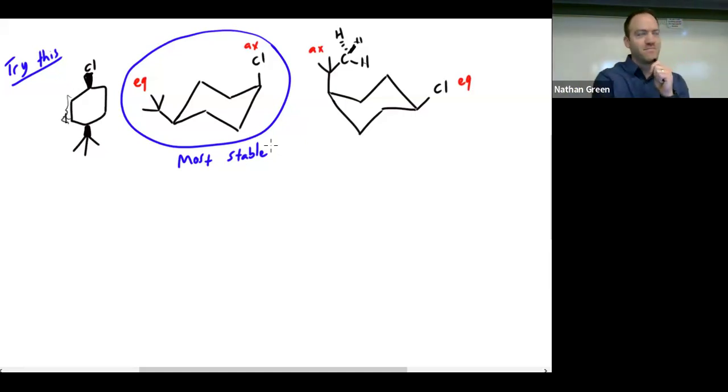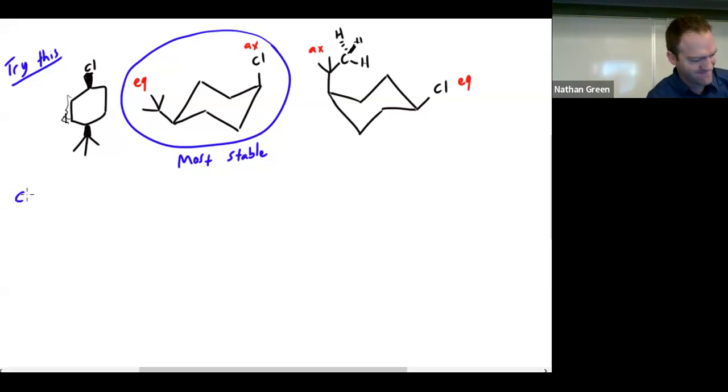People name this cis-1-fluoro-4-butyl cyclohexane. Careful, I know what you're going to say.